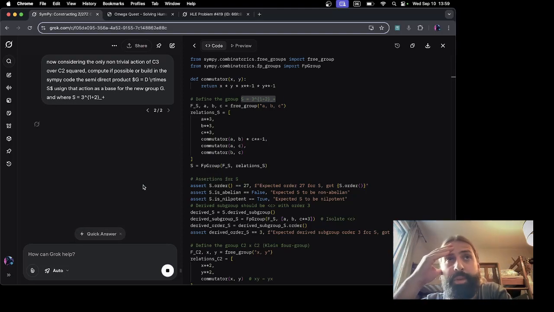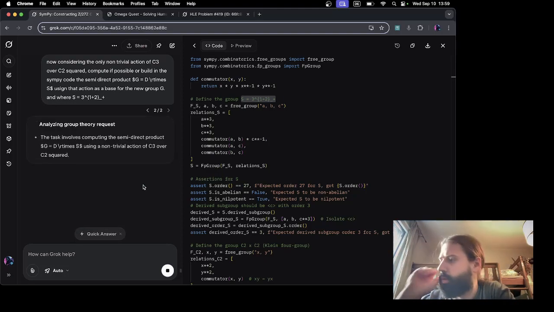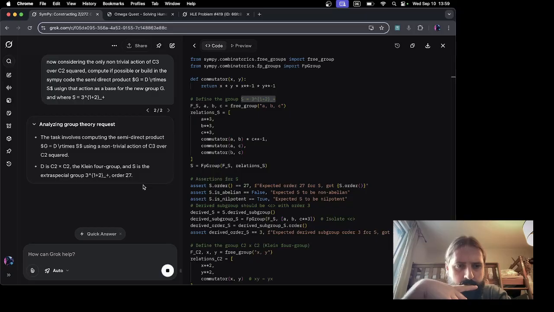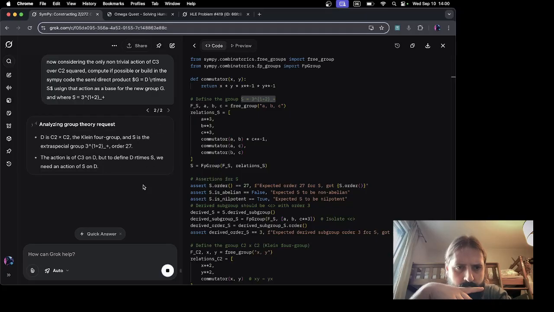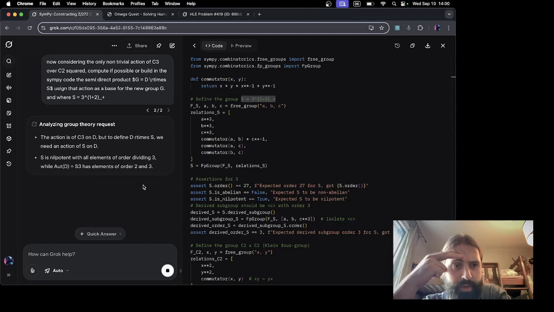I didn't tell it what the reference to S was. Yeah, sure, you need the action of S on D, but we're looking at that other action to get inspired.